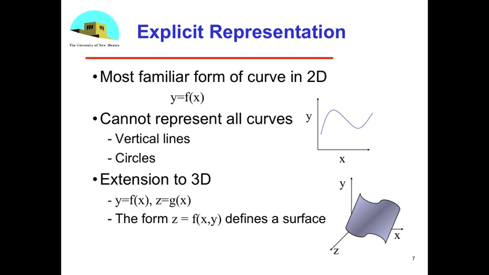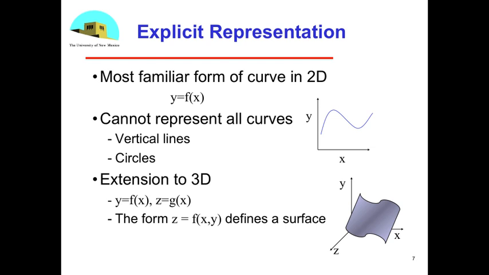If you want to talk about a surface, then a surface is a function of two variables, and so you could say that all of the z's are given as some explicit function of x and y. And again, you have the same issue that not all surfaces and not all curves in 3 dimensions can be represented explicitly. So it's a nice form if it works, but it turns out of all the forms, it's the least useful in CAD and computer graphics.